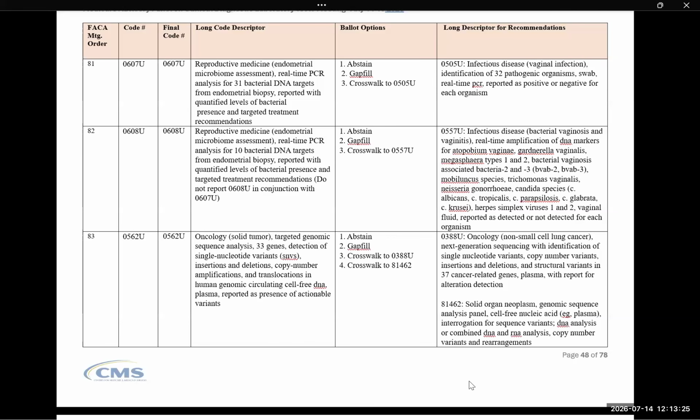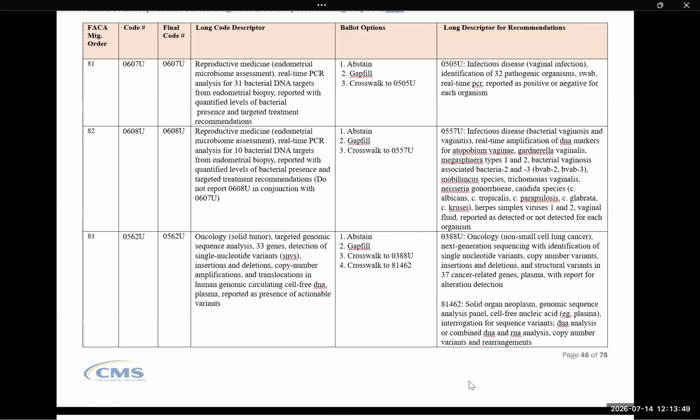So for 0607U, 31 bacterial targets are assessed. We looked at some other multiplex assays that looked at complex microbiomes like vaginal swabs, but these are quite different sample types than biopsies, and they do not give quantified results.